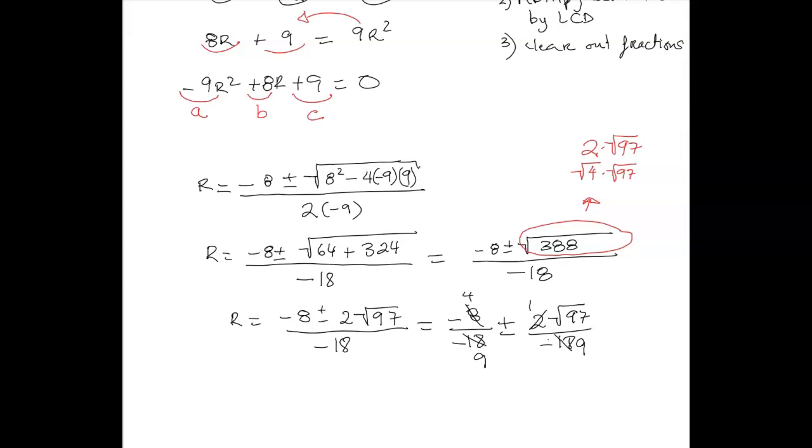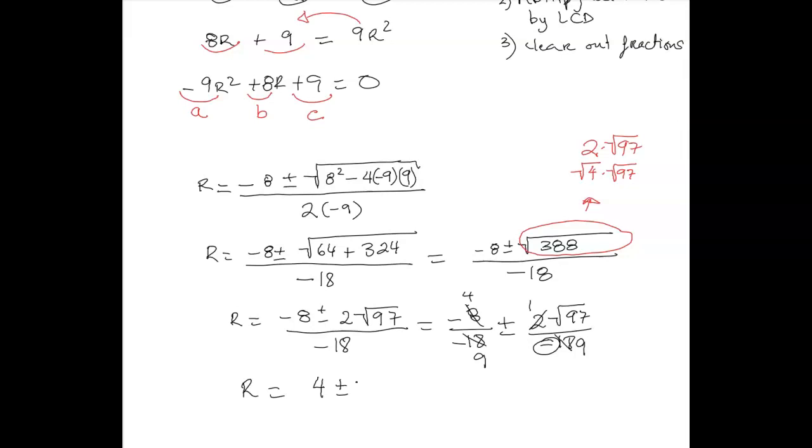So what do I do here? R is equal to, and now because the denominator is still 9, it's going to be positive here, right? And that's going to be 4 over 9. So I'm going to put the 4 first. And then I'm going to put the plus and minus. It should have been negative square root of 97. But because we have the plus and the minus here being represented, it doesn't matter.